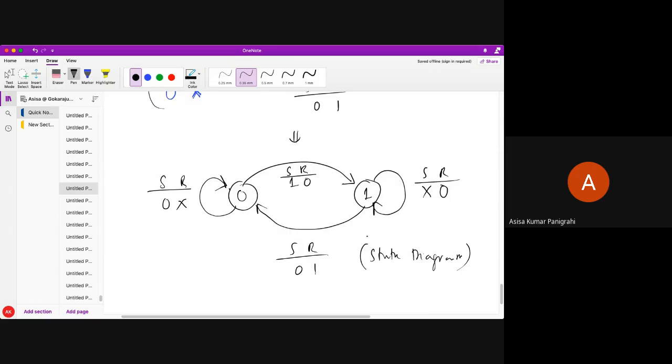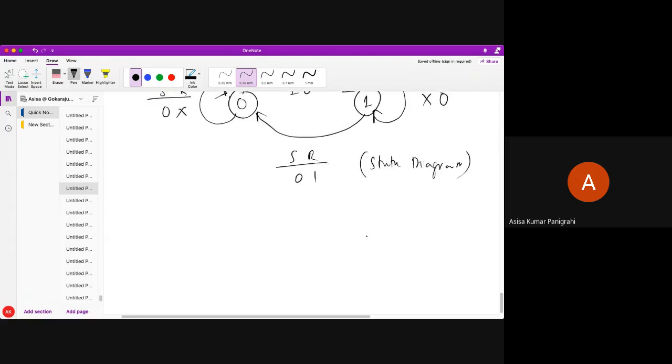All of you understand? Now the last part actually. The last part is the seventh part. If you understand up to this, only then will you understand the excitation table. So now what is the excitation table? Just 2 minutes, students. The excitation table shows the different possible state transitions in the presence of the flip-flop inputs. So this state diagram to table formation is the excitation table, nothing else.